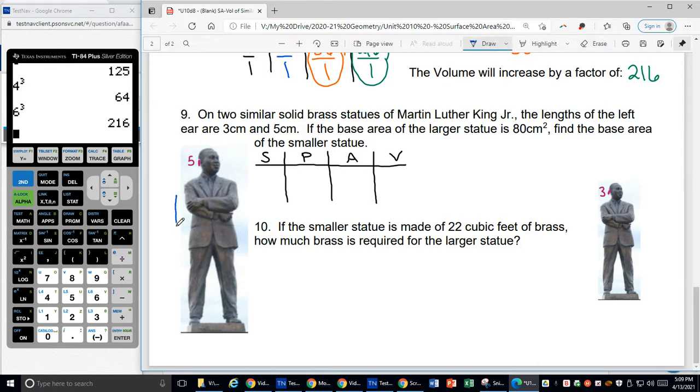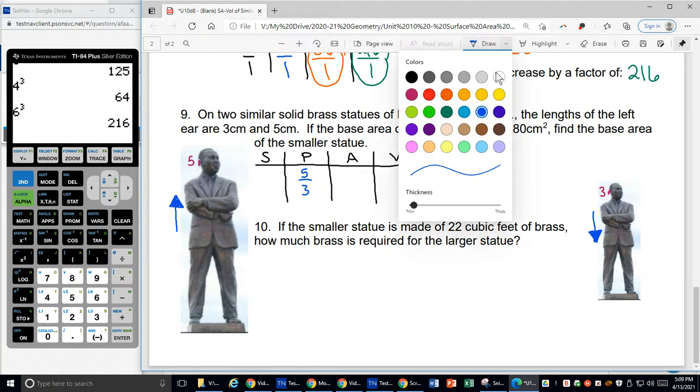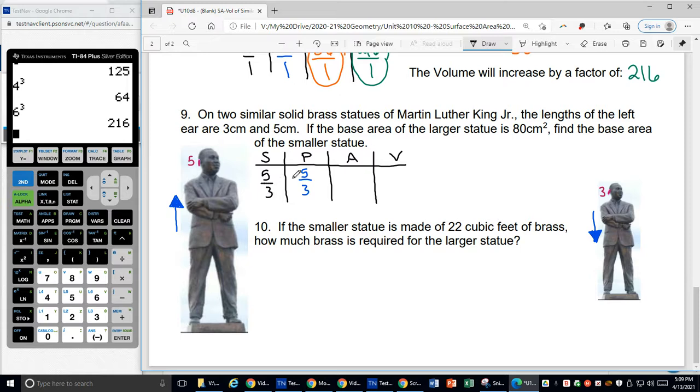So I'm going to put the big statue in the numerator every time, and the little statue in the denominator every time. My 5 is a part, I'm going to put that on top. My 3 is a part, I'm going to put that on the bottom. So the ratio of my parts is 5 to 3, which means the scale factor is 5 to 3.